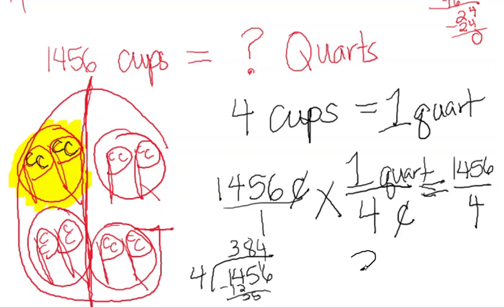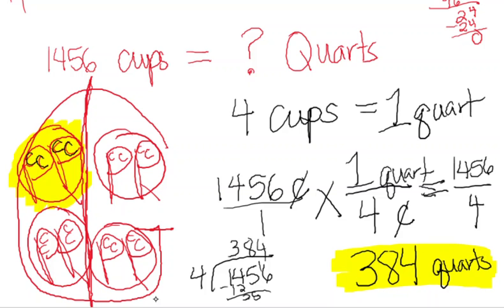So I get an answer of 384 quarts equal to the 1,456 cups. So that was 2 steps for being able to come up with the final answer of how many quarts are needed for that larger quantity of bottles. This Gallon Man, as I call it, would help you convert anytime you're converting in the customary system for volume. Thank you.